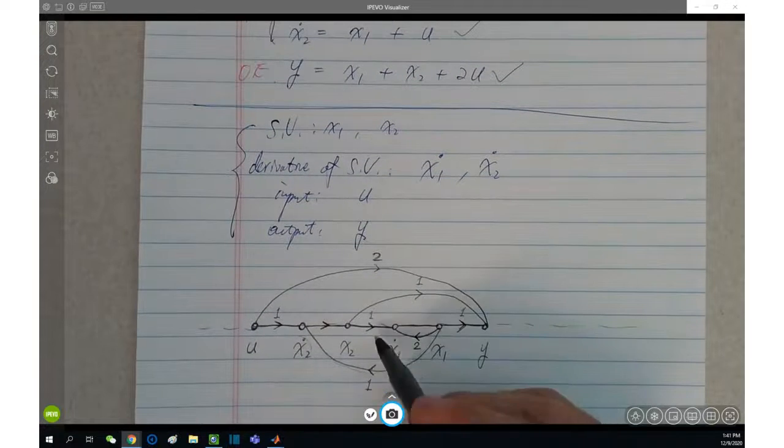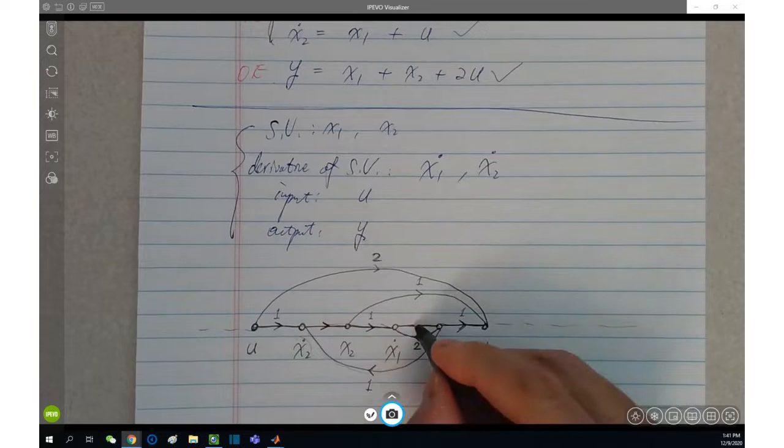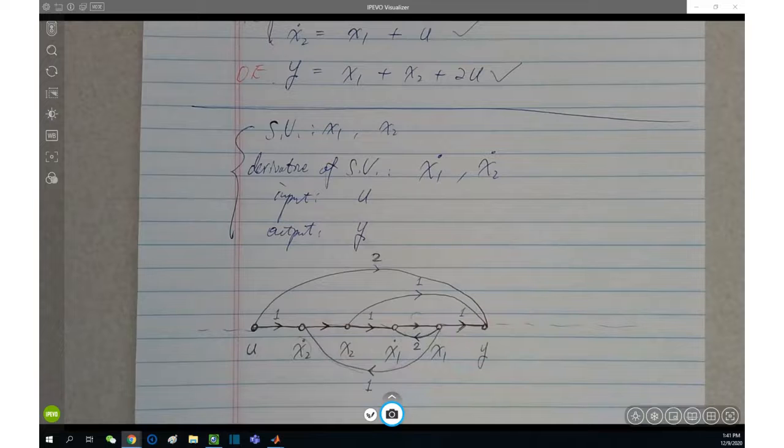And from x1 dot to x1 here, what's the gain here? Anyone has any idea here? 0? No. Very good. Excellent. Our Turkey is right.